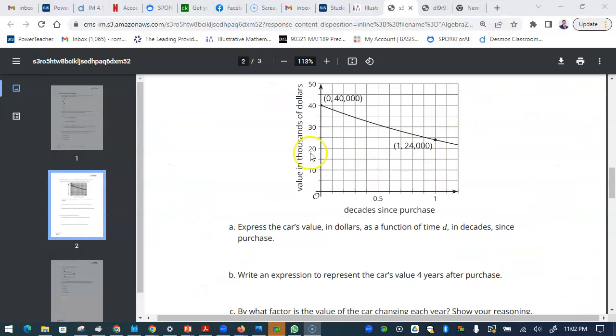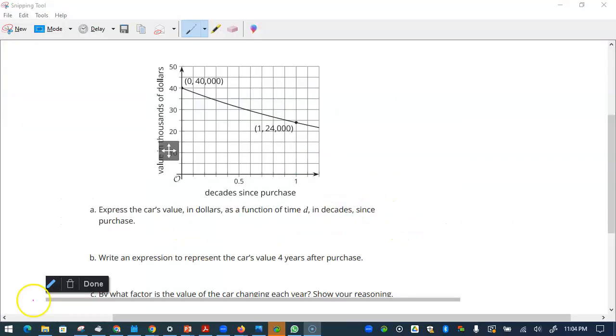Okay, here is a problem about value decades. It says decades, so this is problem number 4.